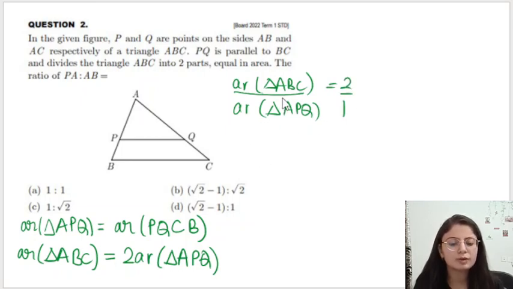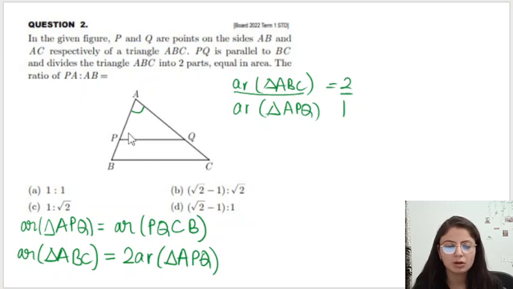So अगर हम प्रूव कर दे that triangle ABC and triangle APQ are similar, then we can use the theorem that the ratio of areas of two similar triangles is equal to the square of the ratio of their corresponding sides, right? So are these two triangles similar? Observe that angle A is common in triangle APQ and triangle ABC.